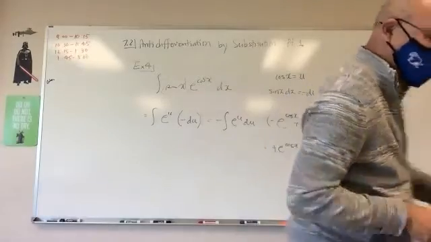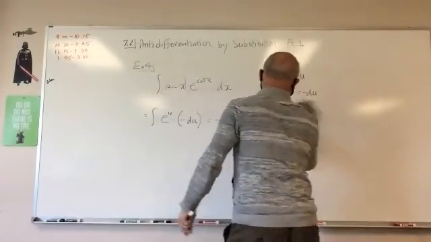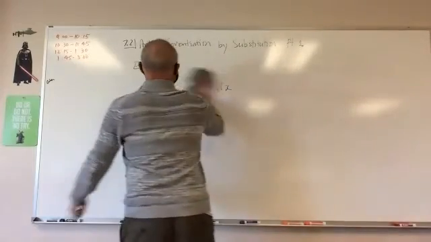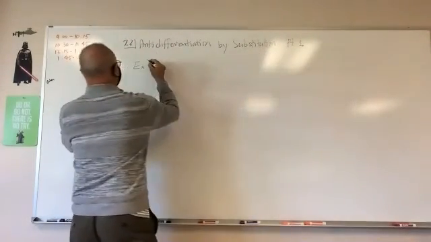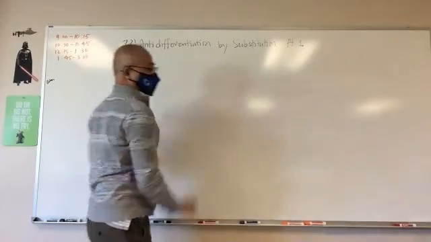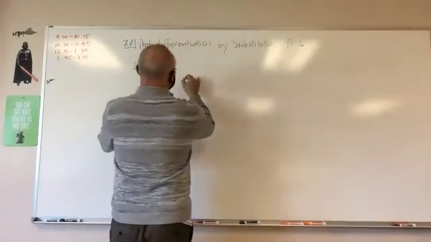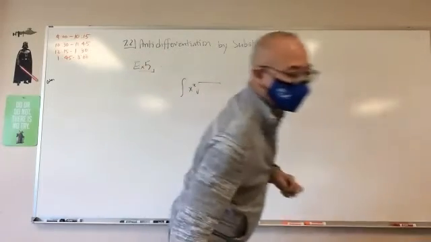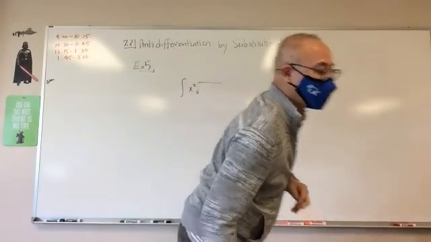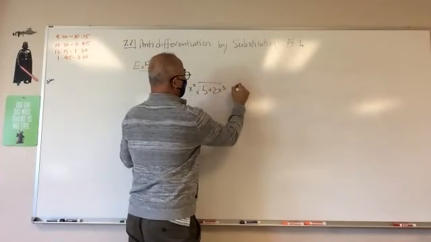That's number 4. So let's do example number 5. Example number 5 is a little easier, actually. I have x squared, and then I have square root of 5 plus 2x cubed dx.